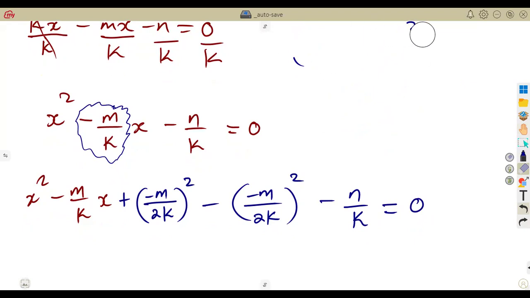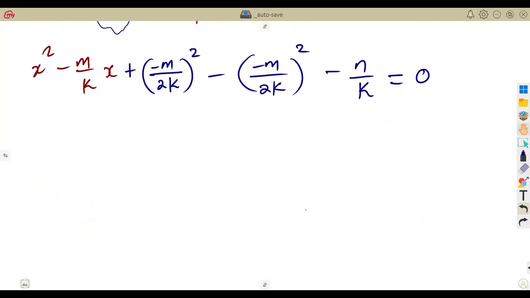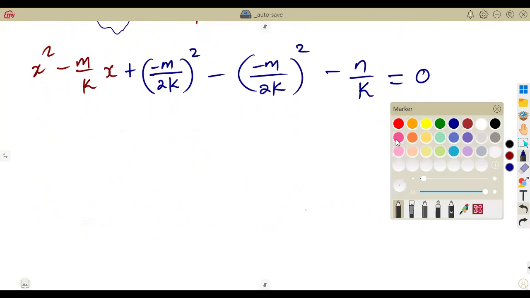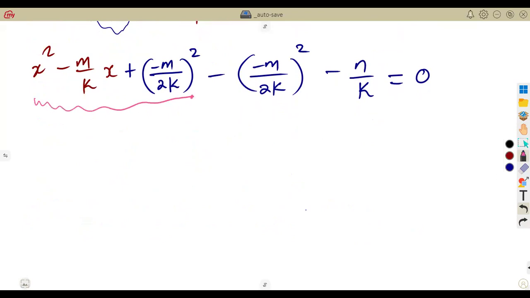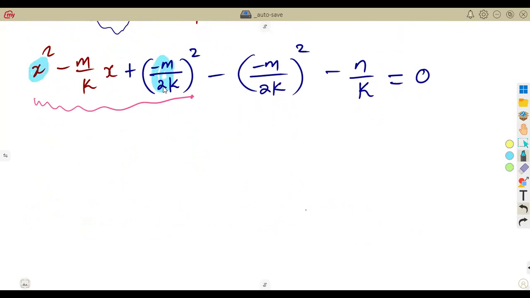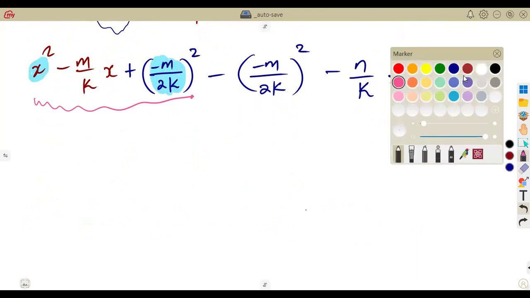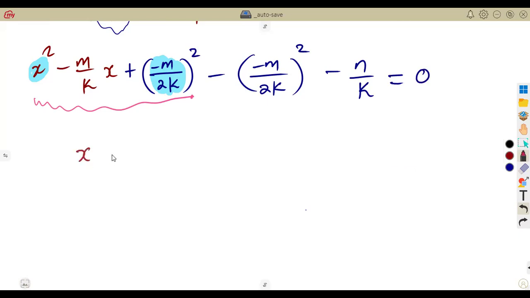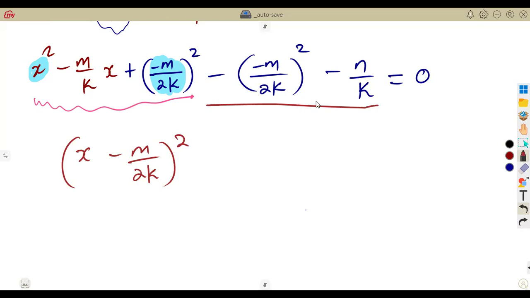All right, remember these stages, guys. Then factorize as usual, factorizing our quadratic expression from x squared up to this one. We were going to have x squared. There's a negative there, so use that negative as it is. So that's x minus m over 2k squared.